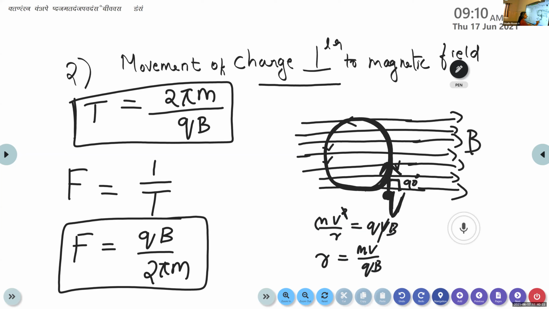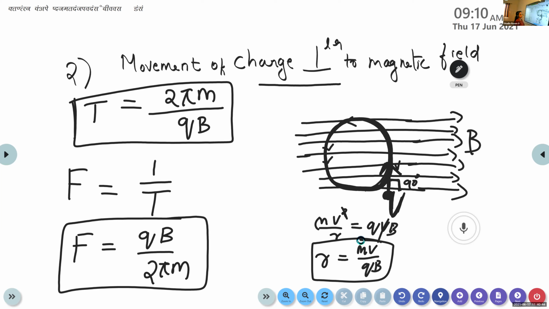So from this expression, we get an equation for the radius of the circular path which the object follows. From this radius, we calculate the time period, that is the time required for the charged particle to complete one circular motion. It is given by T = distance divided by velocity.